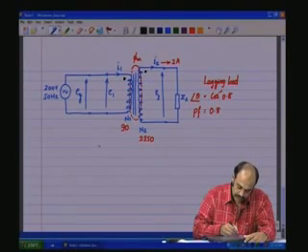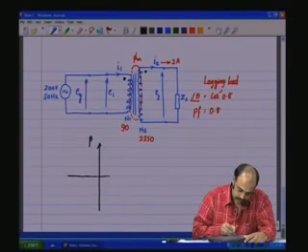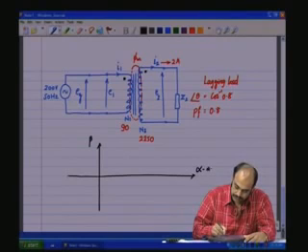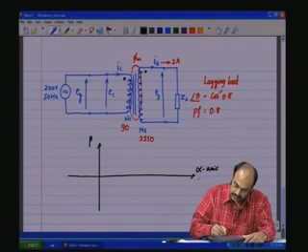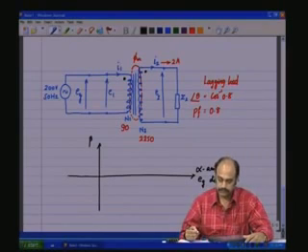So, to draw the phasor diagram, we take the two axes in the spatial coordinates. This is the beta axis and this is the alpha axis. So, the alpha axis direction is taken as the EG direction, the generator voltage direction itself.